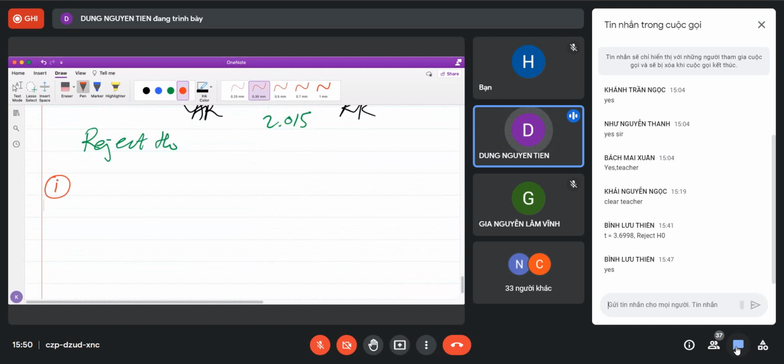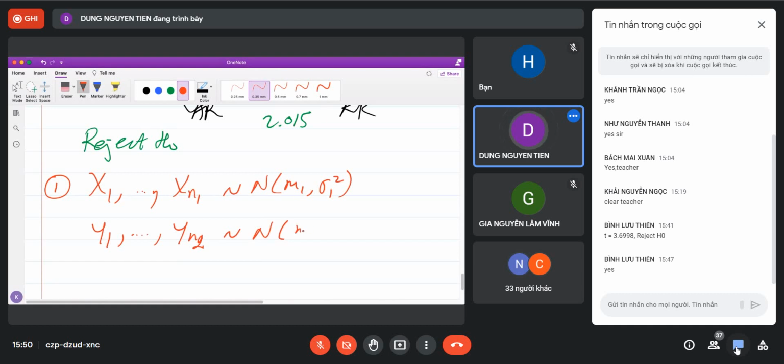So I would say that in case one, you have x1 to xn1 following a normal distribution with mean mu 1, sigma 1 squared, and y1 to yn2 following a normal distribution with mean mu 2, sigma 2 squared, and we assume that they are independent.